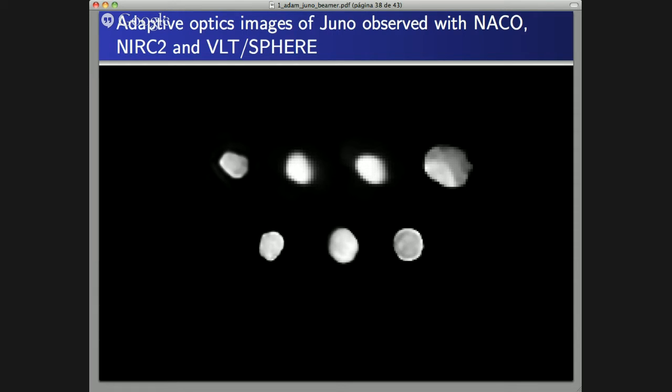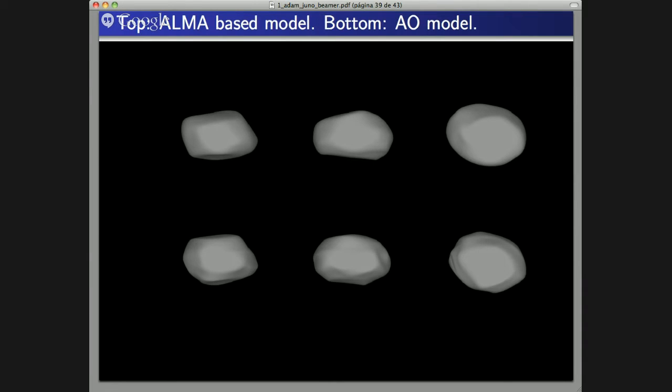So we construct a model from these images. The adaptive optics model is here at the bottom, and the previous ALMA model is here. We see that the large-scale features are similar. There are, of course, some details present in the AO model that are not in the ALMA model, but large-scale agreement is quite good.